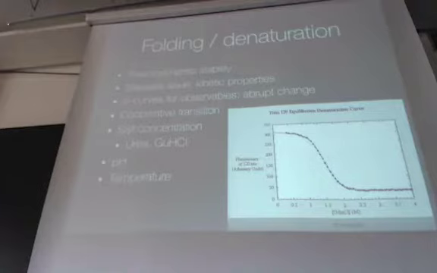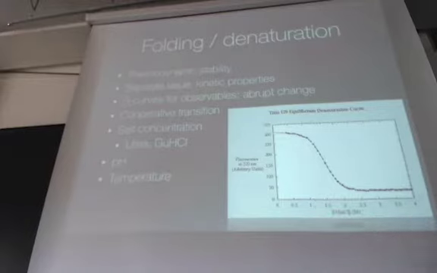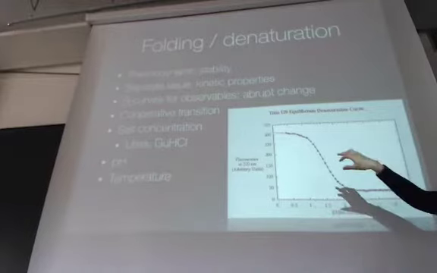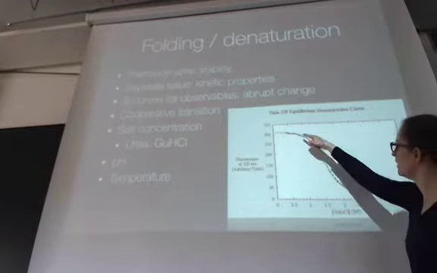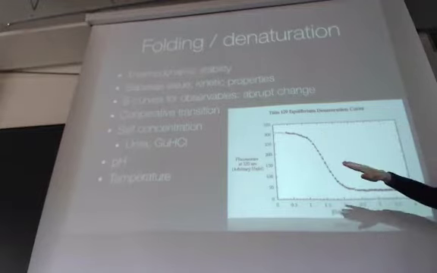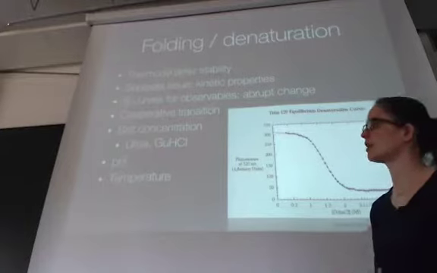Typically, when you look at gradually unfolding conditions, the type of signal you get is this type of sigmoid. So it's an abrupt change. It doesn't happen in one go, but it happens in a pretty steep way. So this looks like a cooperative transition.